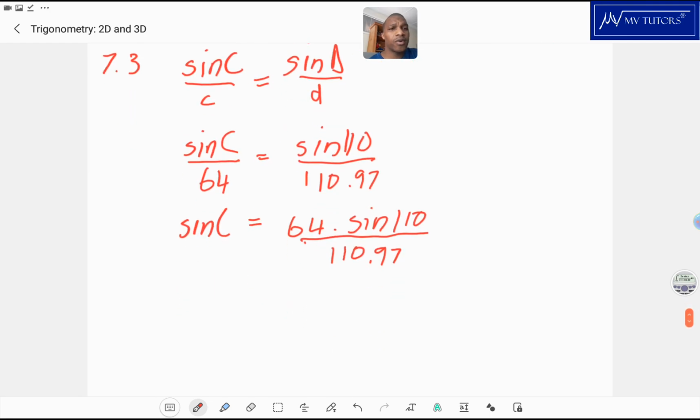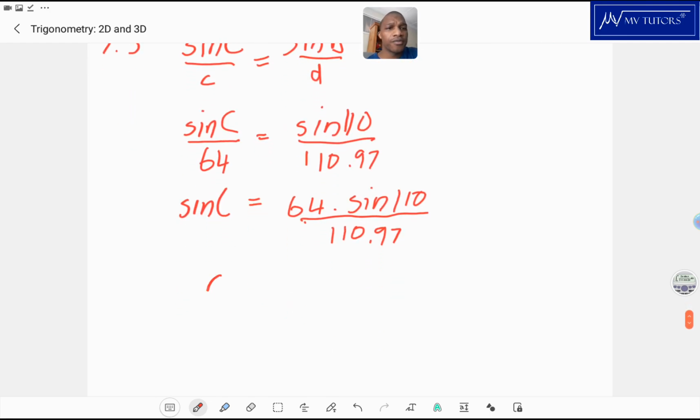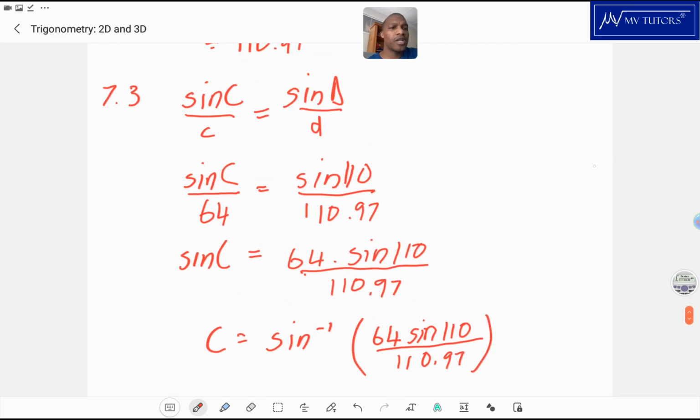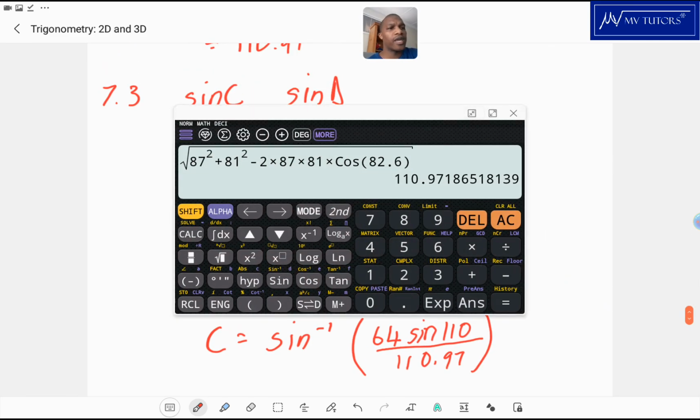If we want the angle of C, then C equals arc sine of 64 sine 110 divided by 110.97.